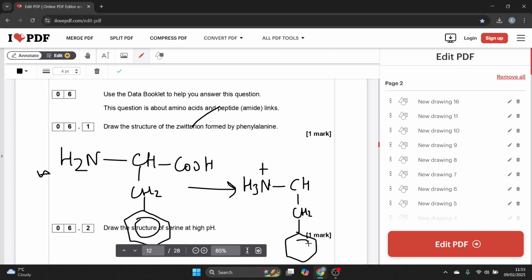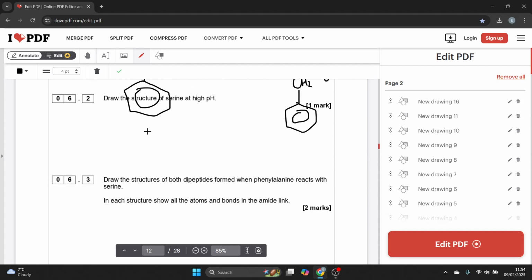The only things I'm making positive or negative are these side groups, this COOH group and this H2N group. This one I need to be negative, so it's going to be C, double bond O, and O negatively charged. And that's it.